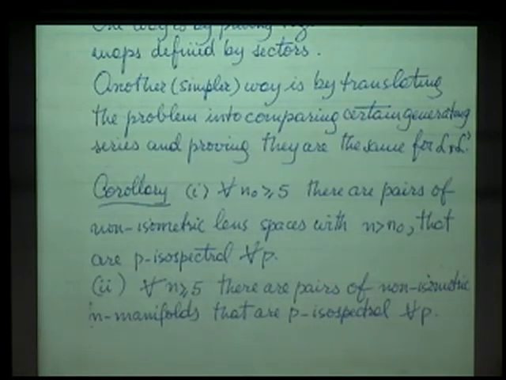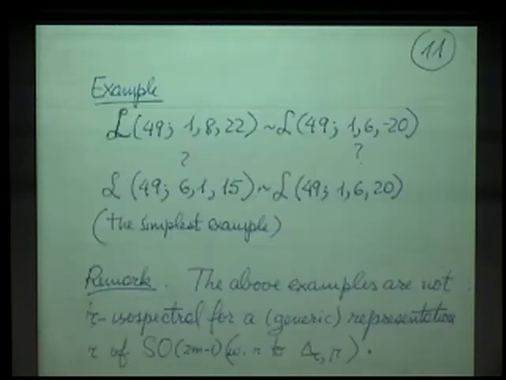So, as a corollary, there are pairs of non-isomorphic length spaces for any dimension, arbitrarily high, that are p isospectral for all p. But this is not for all dimensions, but for any arbitrarily high dimension. Still, by taking products with spheres, we can get pairs of non-isometric n manifolds that are p isospectral for all p.